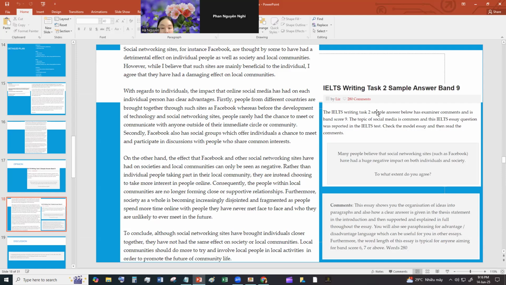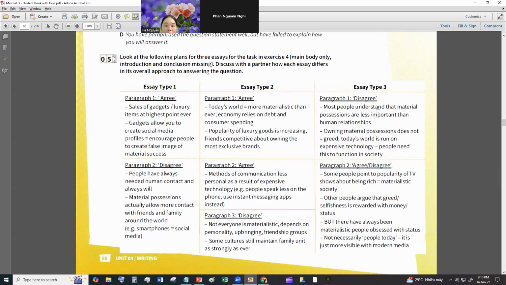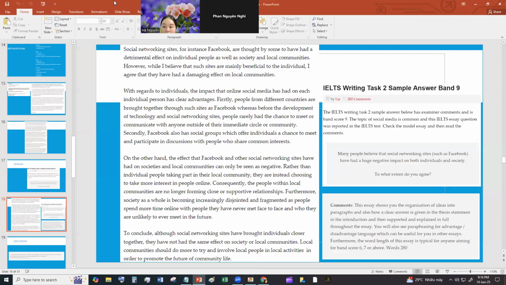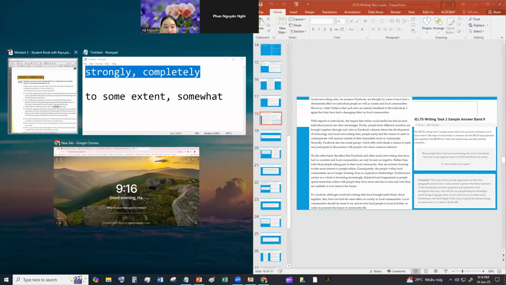Can you just have a look again? Okay, type 3. So here are the 3 types, and here's the essay.